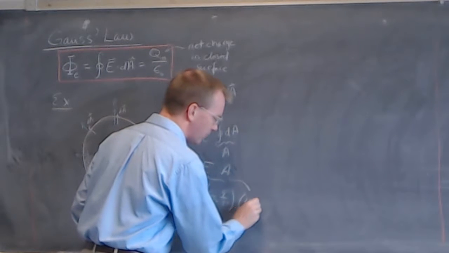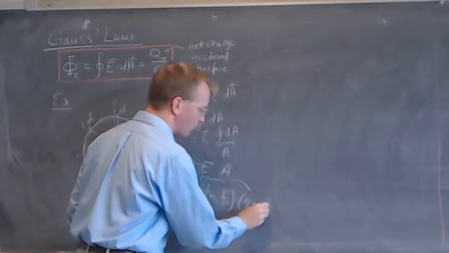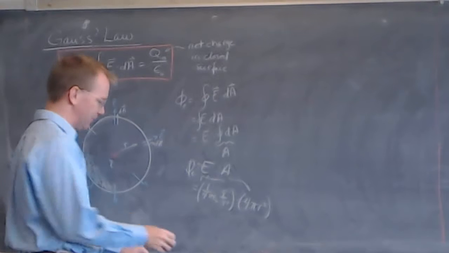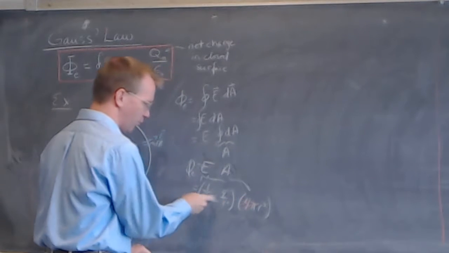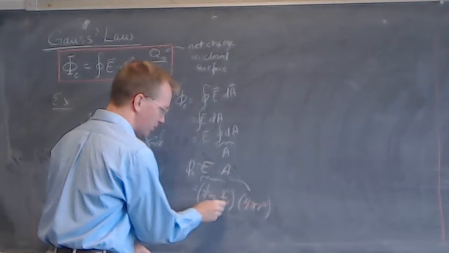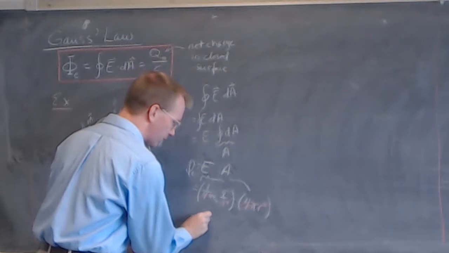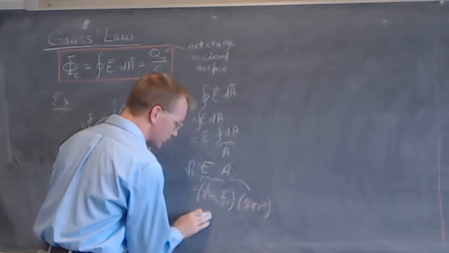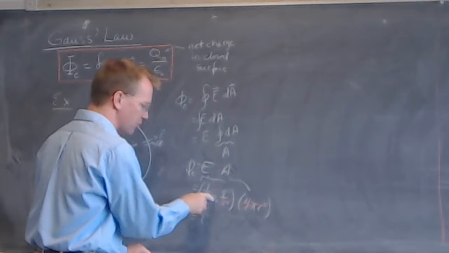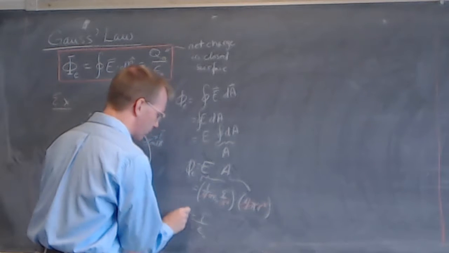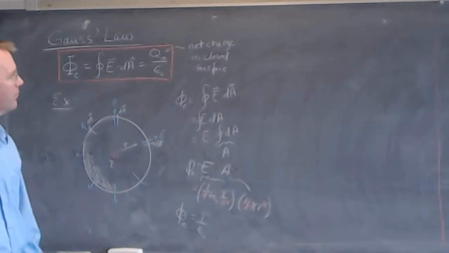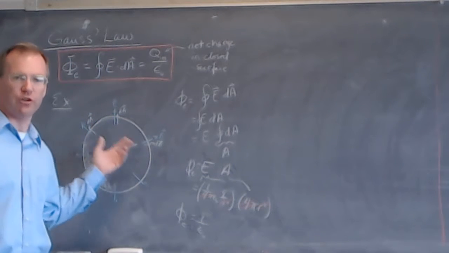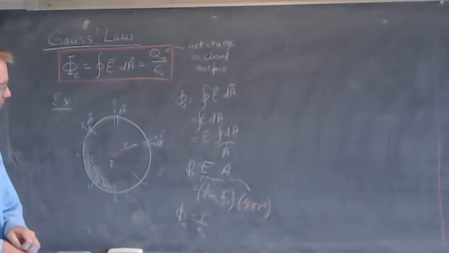It is 4 pi R squared. Now look here. 4 pi, 4 pi. R squared, and I'm left with Q over epsilon naught, which is just what I said up there. The net charge is just Q. It's the only charge for that matter.